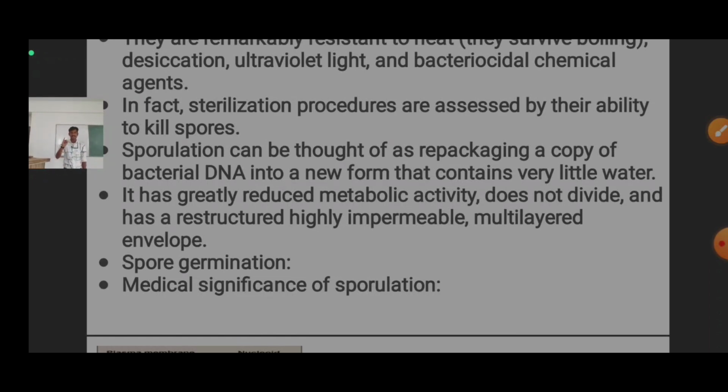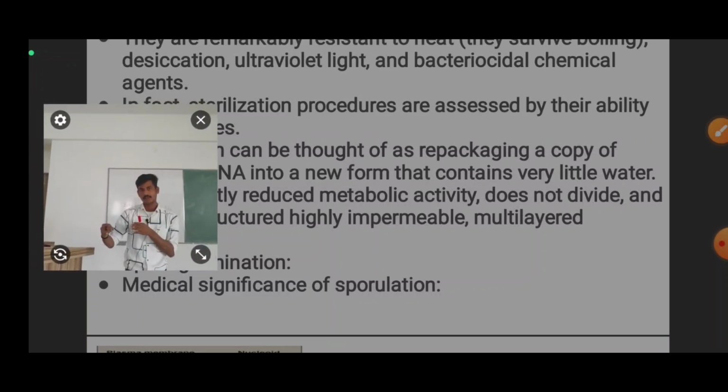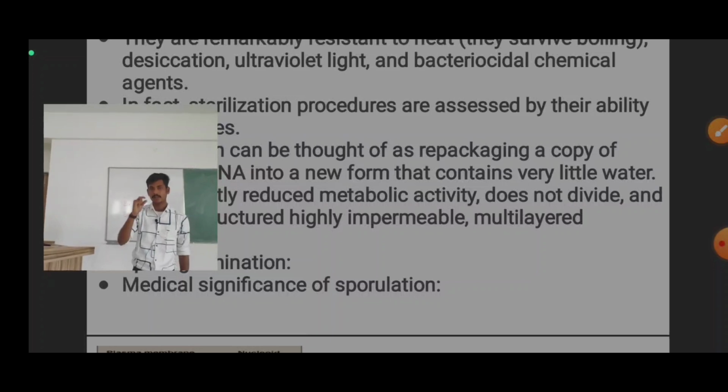The first is we have to see which bacteria is resistant toward which antibiotics. During unfavorable situations we cannot bombard with antibiotics to curb their growth. So we have to understand the meaning of sporulation as far as medical importance is concerned.